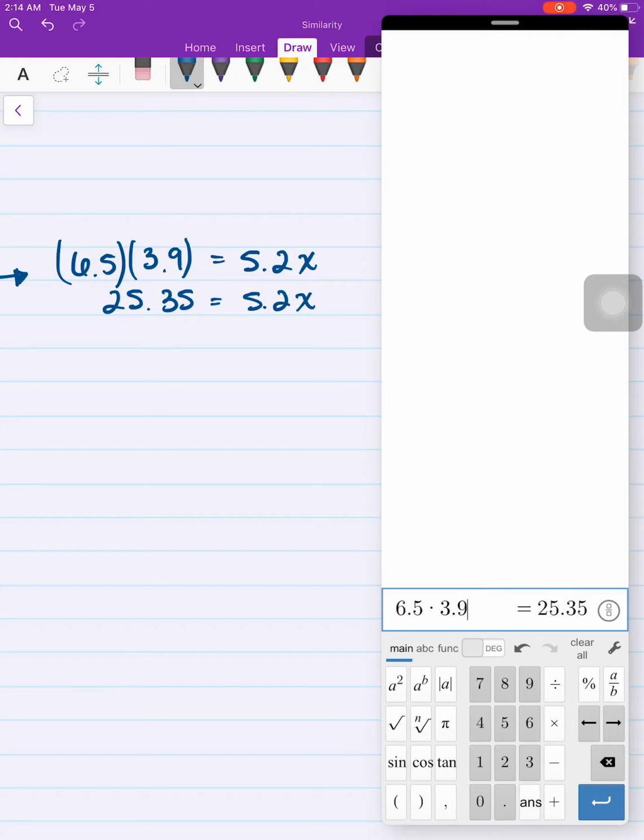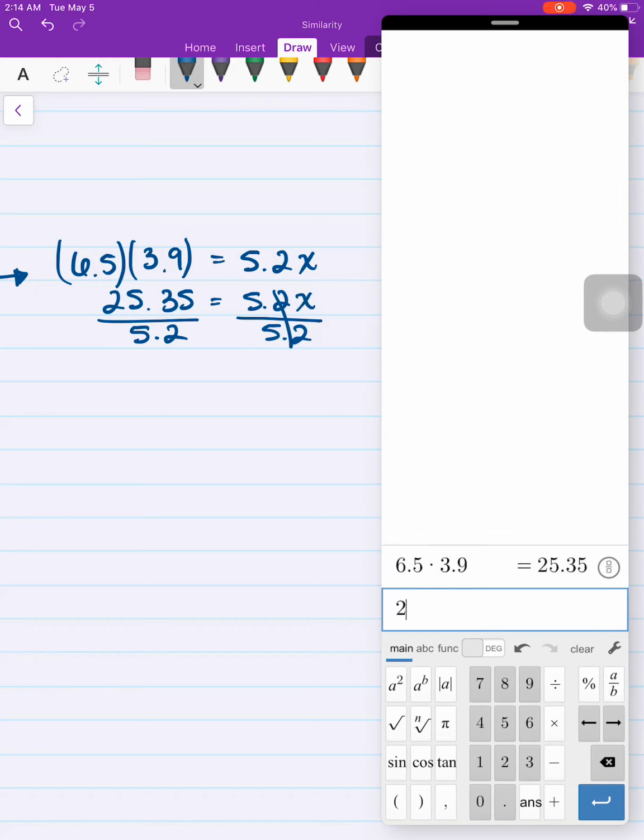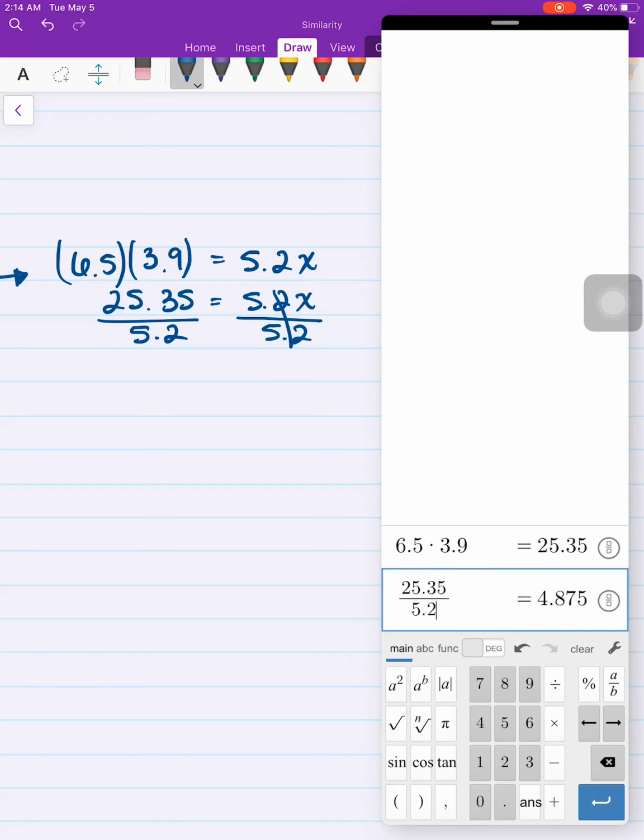5.2x. So then our next step, since we want to go ahead and isolate the variable, we want to go ahead and isolate the x. I'm going to go ahead and do the opposite of multiplication, which is division. So I'm going to go ahead and divide both sides by 5.2. So then we have 25.35 divided by 5.2. And in this case, that gives us an answer of 4.875.